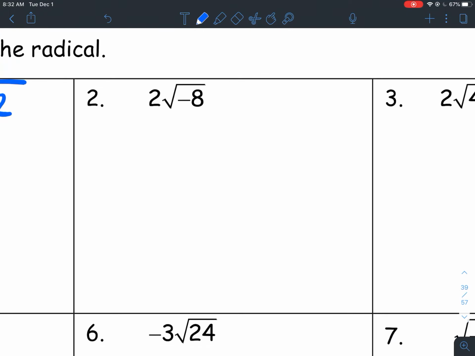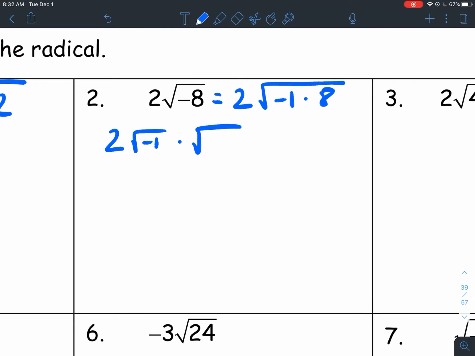So now let's go ahead and try the next one. Again, we're going to split up this root -8. So we've got 2 root, and then we're going to split it up into -1 times 8. Keep in mind, 8 can be broken down into 4 times 2.